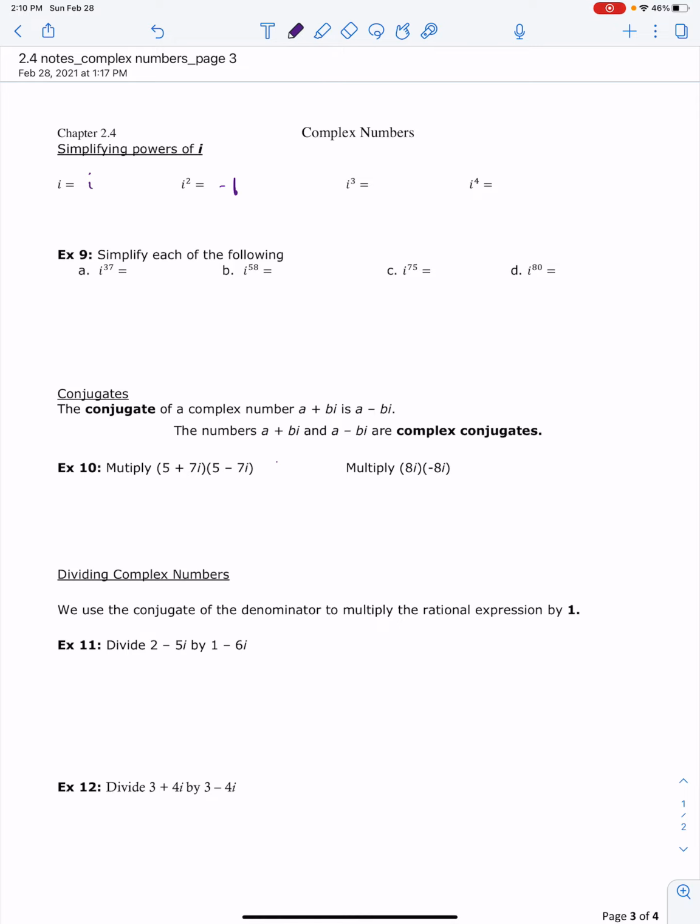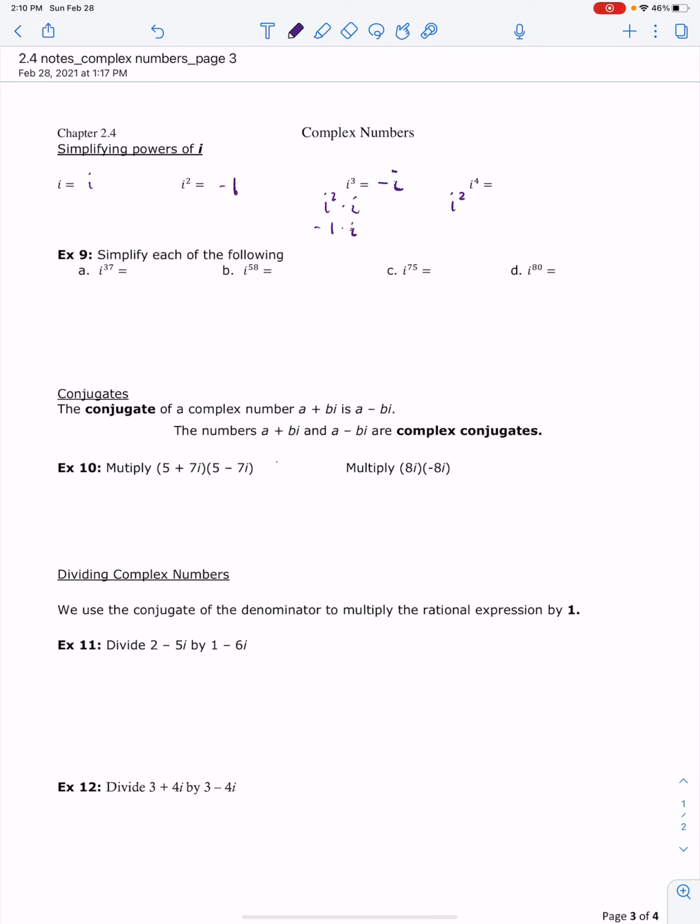i to the third, then, I can factor as i squared times i, which gives me a -1 times i. So i to the third is -i. i to the fourth, we can go ahead and factor.